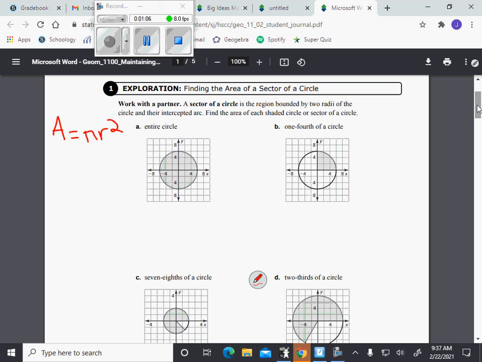We have to find our radius. It looks like each tick mark is going by 2, so 2, 4, 6. Our radius is 6. So A is equal to pi times 6 squared, or A is equal to 36 pi, because 6 squared is 36.